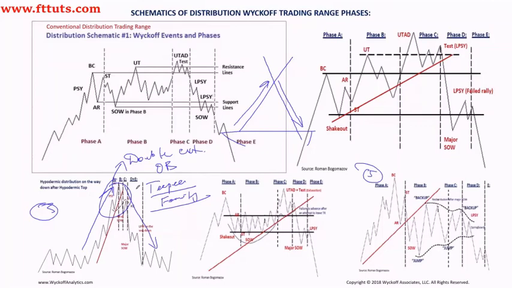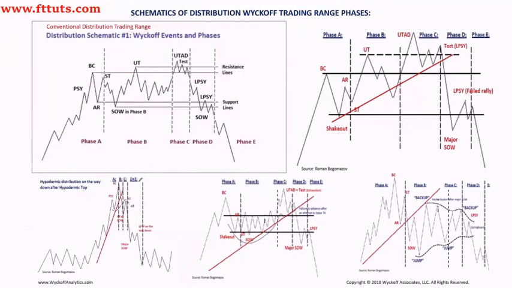Basically pure speculation. And you've seen this in Bitcoin just recently. You've seen this in the Chinese market in 2015, and so many other examples that we could observe in this hypodermic formation.